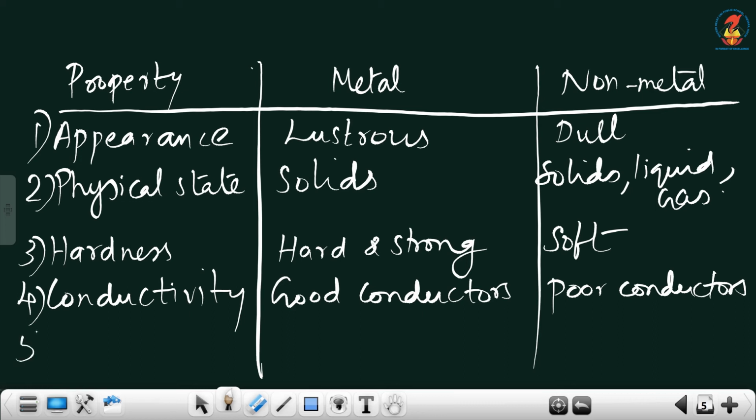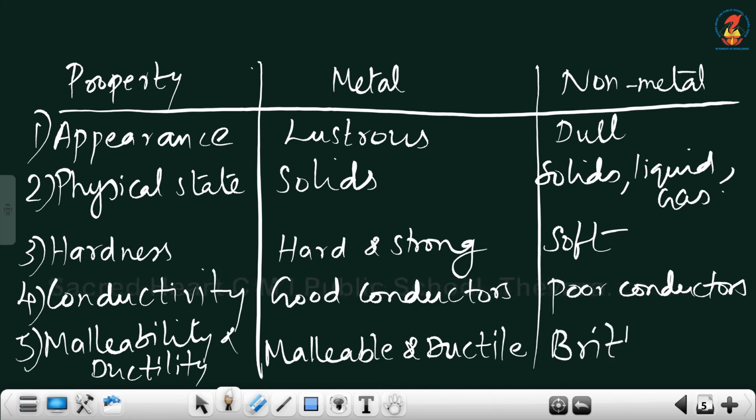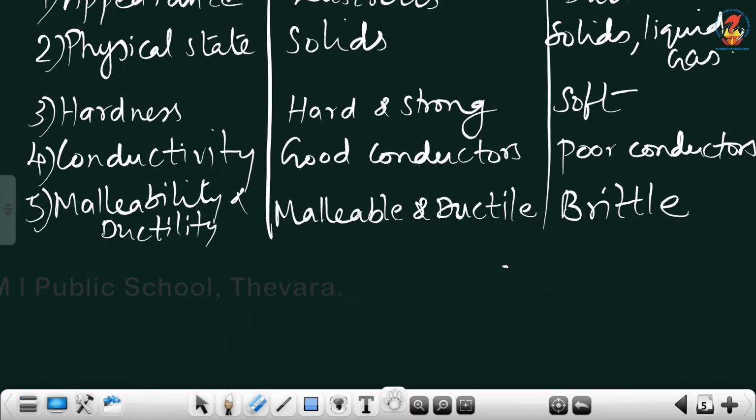Then, malleability and ductility. That is the property by which materials are made into sheets and wires. Metals, they are malleable and ductile. Non-metals are brittle. They are neither malleable nor ductile. They are brittle. They break easily. One more property is there.